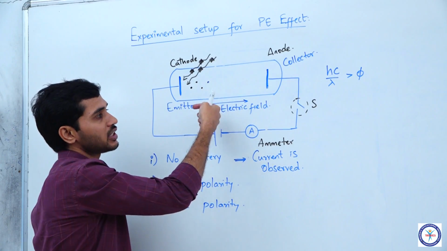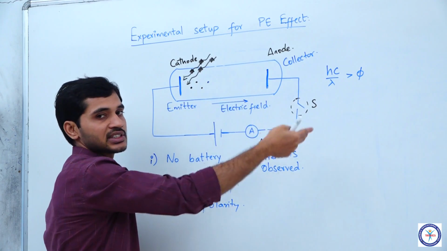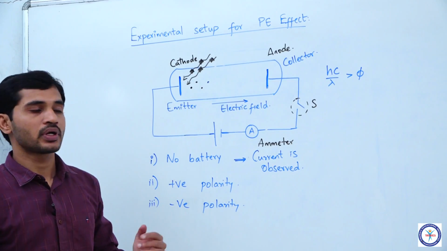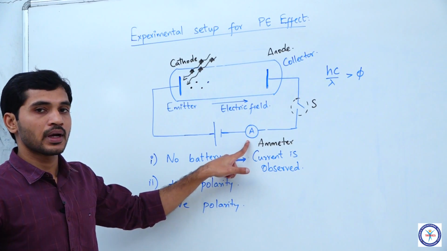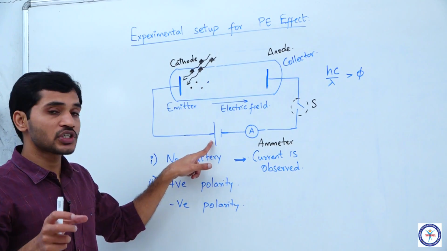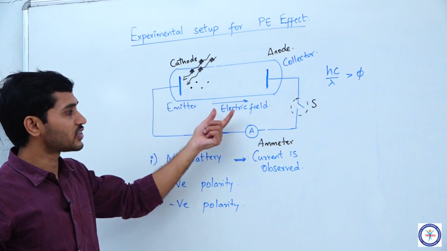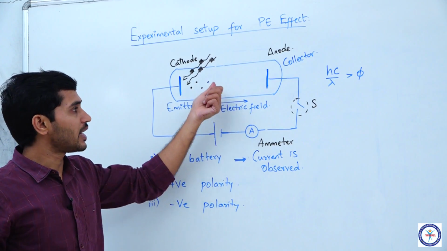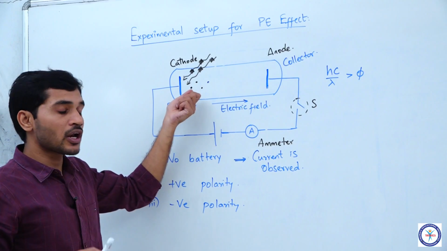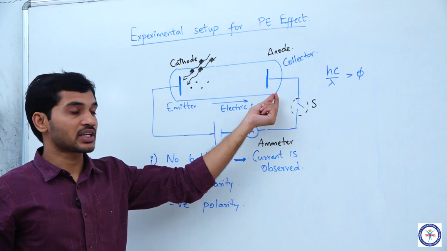The force is not allowing the electrons to reach the collector, and because of that you would observe a drop in the current. And sometimes, if this polarity is sufficiently large, this electric field might pull these electrons so strongly that none of the electrons might be able to reach the collector.